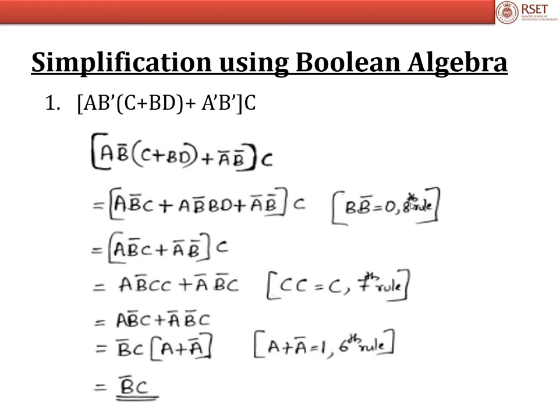In Boolean rules, the 8th rule is b into b bar is equal to 0. The variable into its complement will be 0. So this term will be eliminated. So we will get a b bar c plus a bar b bar into c.